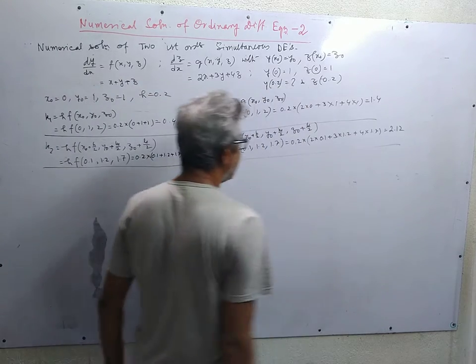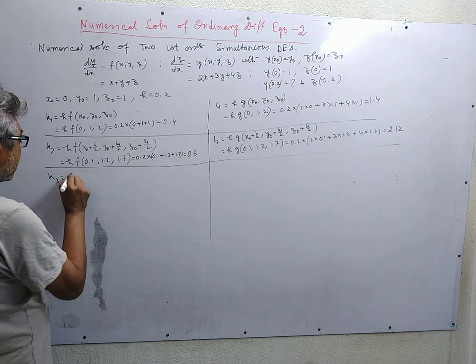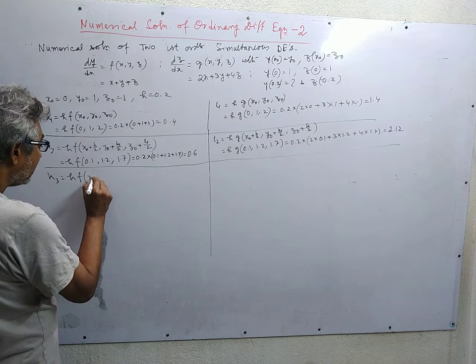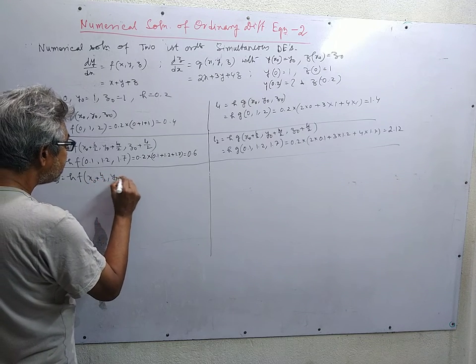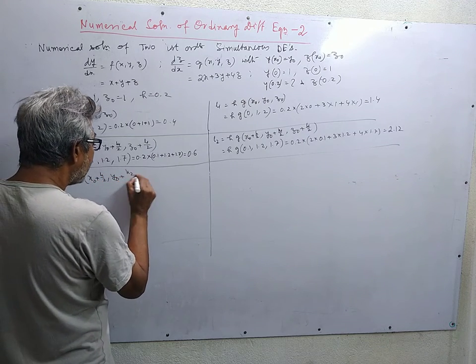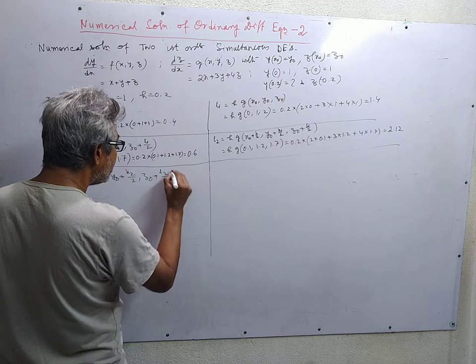Then going to K3 and L3 calculation. K3 is h f of x0 plus h by 2, y0 plus k2 by 2, z0 plus l2 by 2.